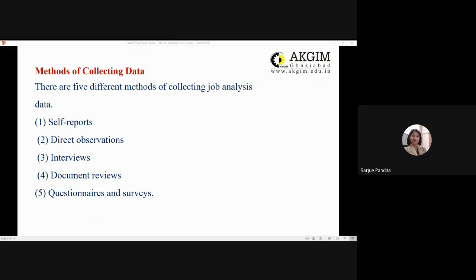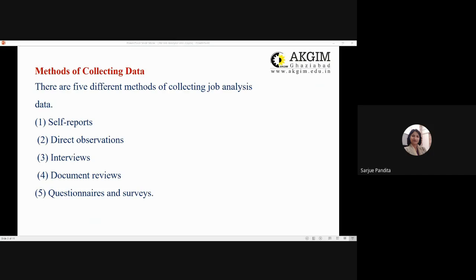So it might be influenced by contamination of the employee's perception, which he is trying to make towards his task or towards his job. This is especially the case when employees are asked to prepare in writing their own job description with few guidelines and little supervision.